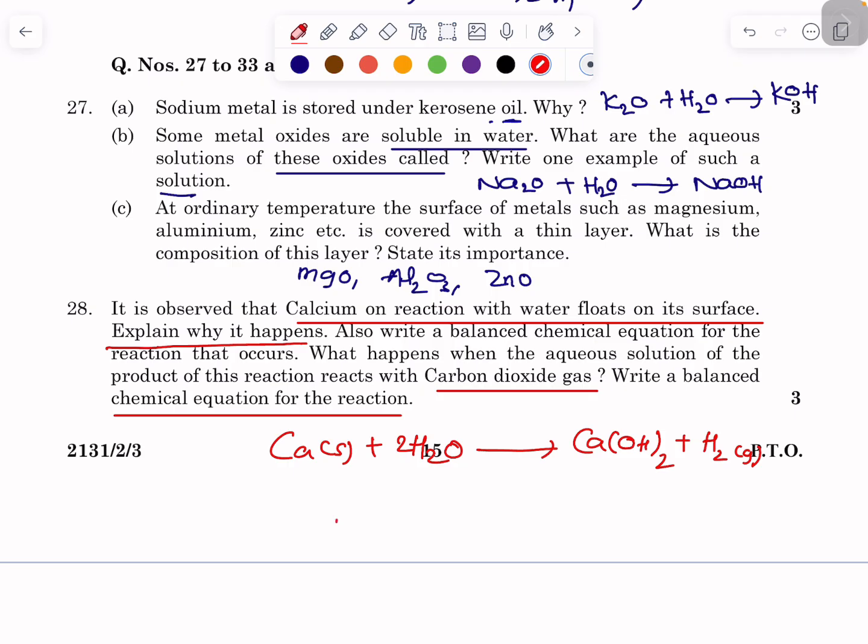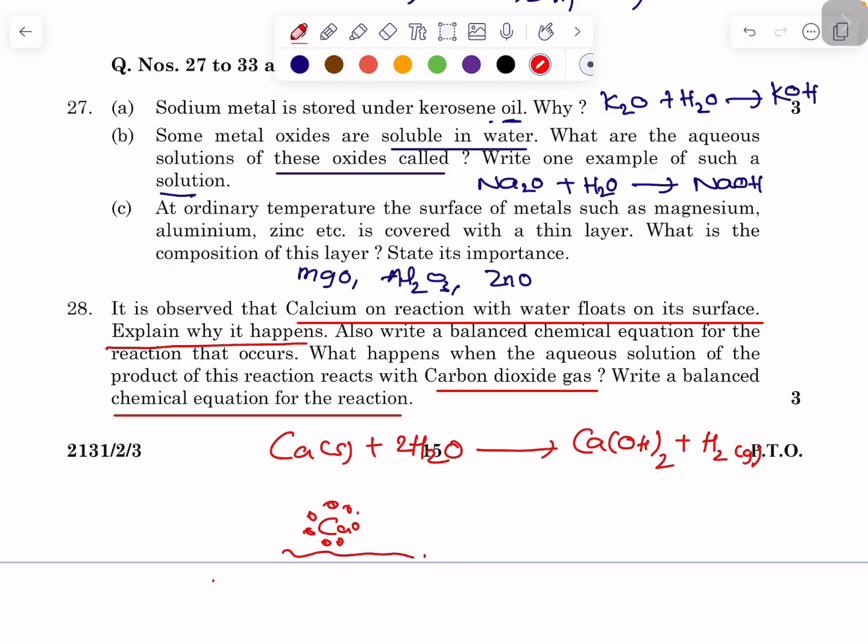Bubbles of hydrogen gas stick to the calcium, which makes it lighter than water. Because of this, the calcium floats on the surface of water.